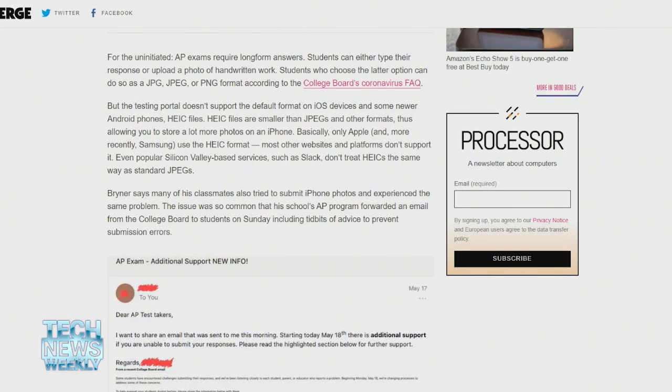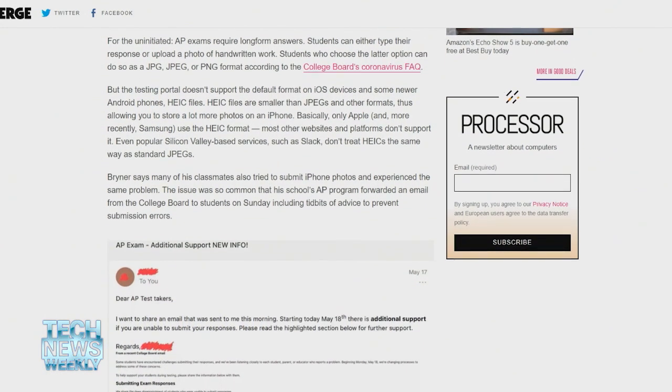It takes JPEGs, it takes PNGs, it takes PDFs. But it doesn't take what's called an HEIC file. And that is the default format that photos are saved in when you take a photo with an iPhone or an iPad. It's also a format that some Samsung phones support. It's not just iPhones, but iPhones are the majority of the phones that we're talking about.